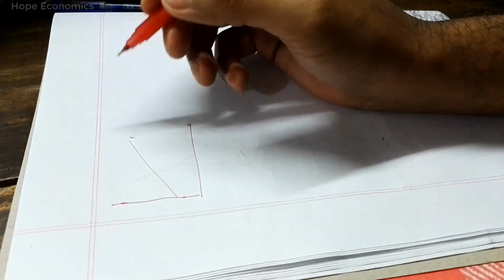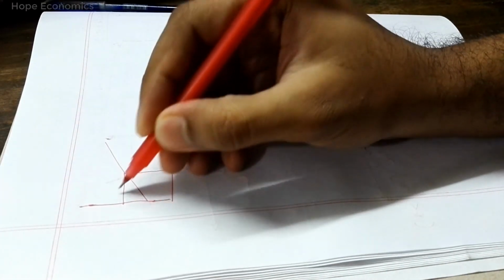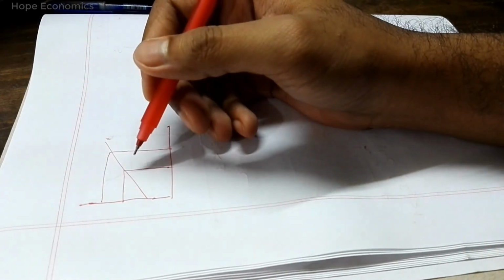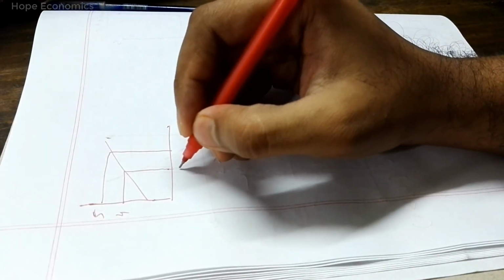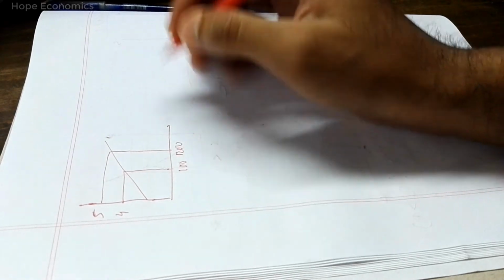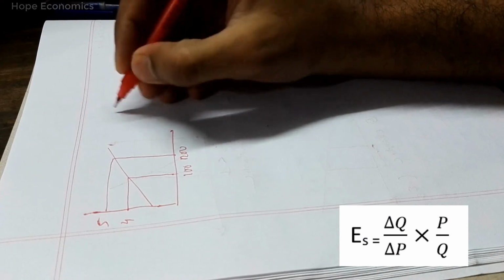The price goes from 4 to 5, and the quantity supplied goes from 100 to 200. So let's find out the elasticity.